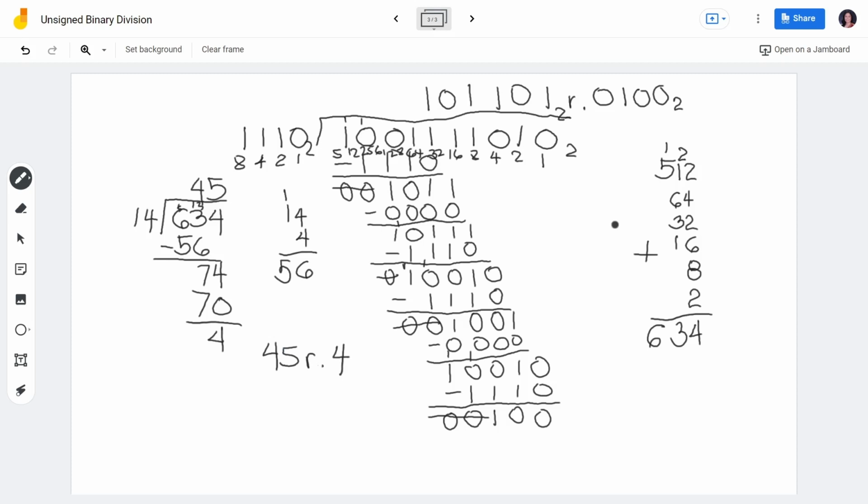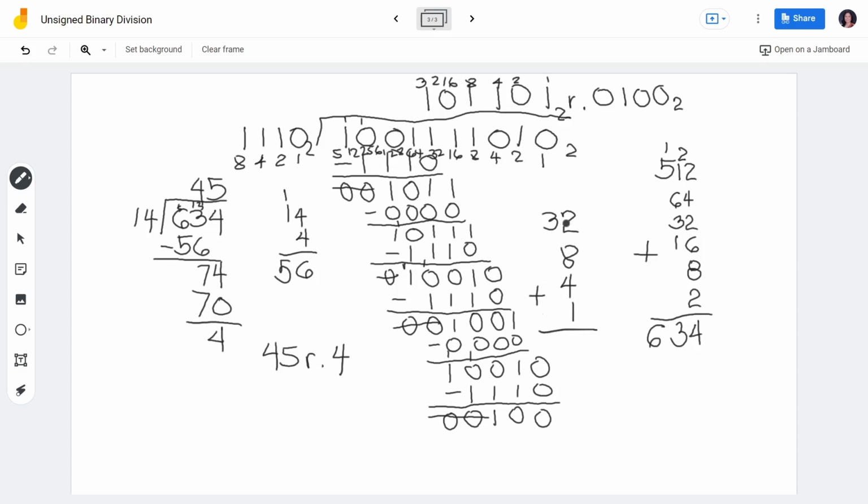So let's check if the answer is 45 and then remainder 4. So we have 1, 2, 4, 8, 16, 32. So we have 32 plus 8 plus 4 plus 1.